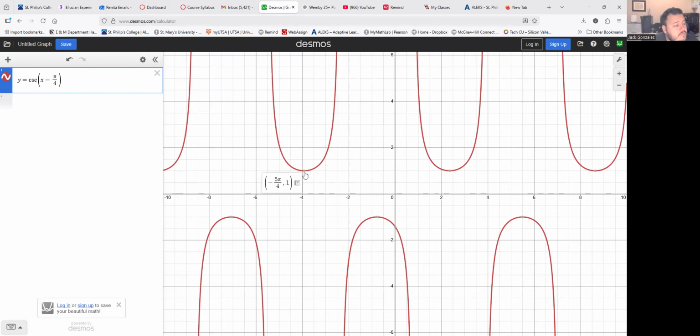Let's graph it. The easy point is right there. Asymptotes, we already know where they were, right? By looking at the original, by looking at the sine version.